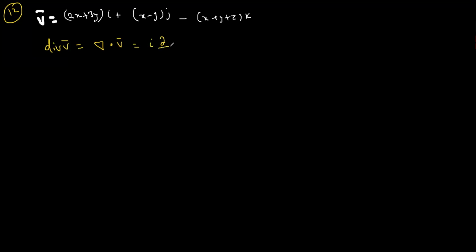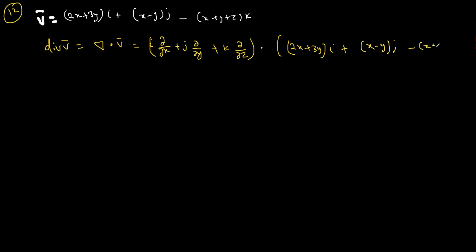So i dou by dou x, j dou by dou y, k dou by dou z, dot (2x plus 3y) i, minus y j, (x plus y plus z) k.